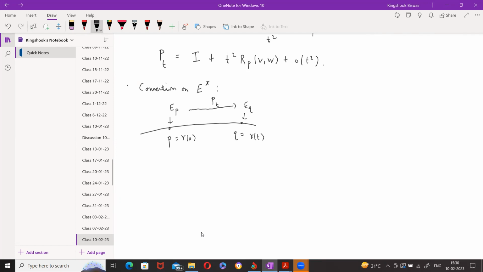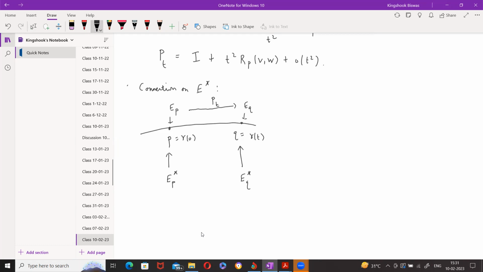Now for the dual bundle, what do I have? I have over here the dual space E_P star, and over here E_Q star.